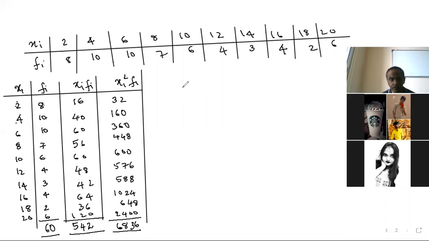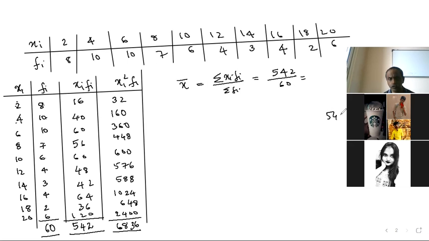Now you will get the mean, x bar, which is sigma xi fi divided by sigma fi. So 542 divided by 60.